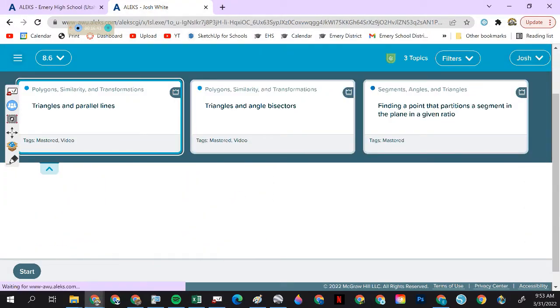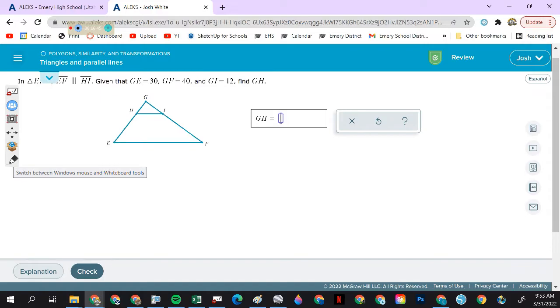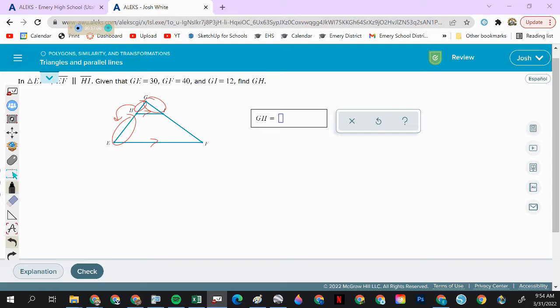And the last one. So if we have a triangle that has a set of parallel lines, then this side is proportional, and this side divided by that side is proportional to this side divided by that side.